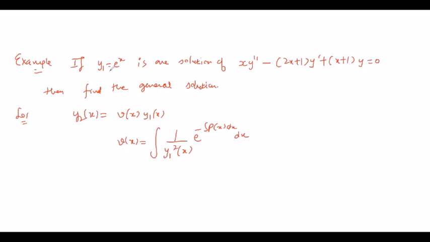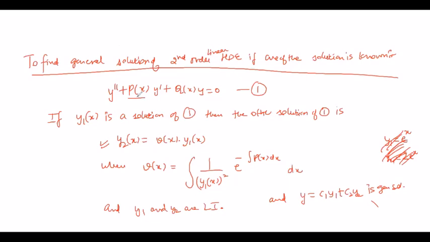So y1 is here. All that we need to identify to compute v(x) is p(x). So where p(x) is coming from: you look back, p(x) is the coefficient function of y dash. So first, whatever differential equation you are given, you have to express it in this form. Only then you will be correctly identifying p(x).